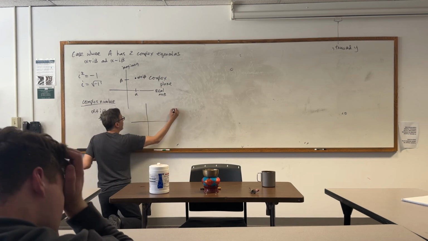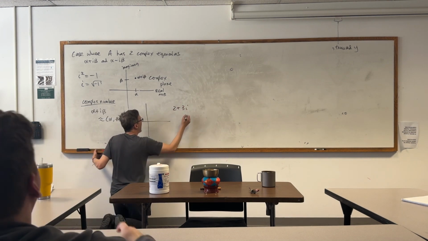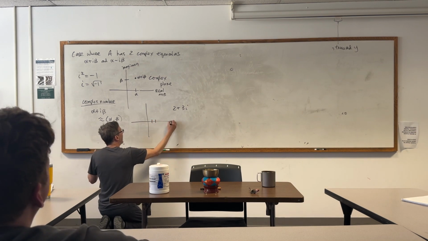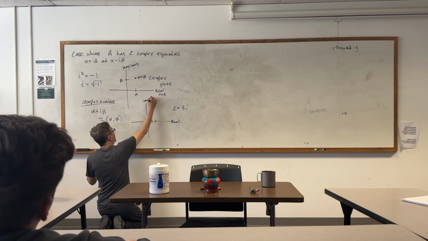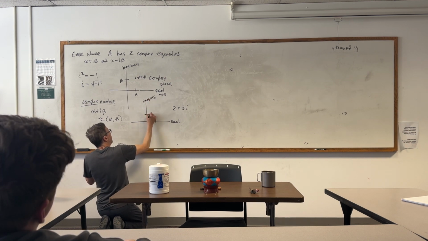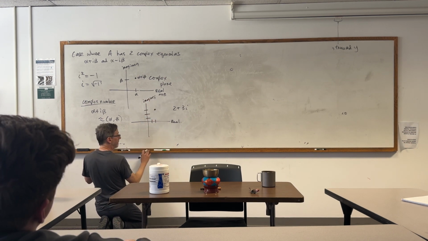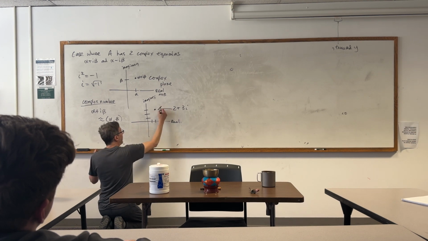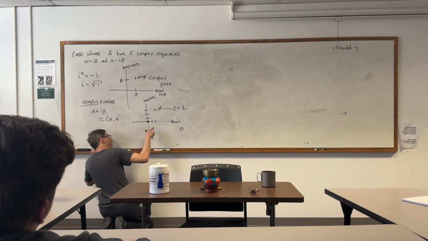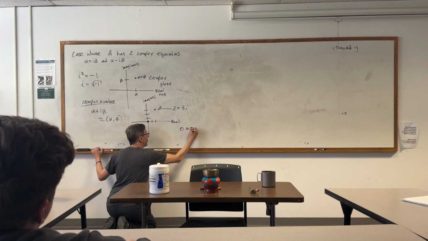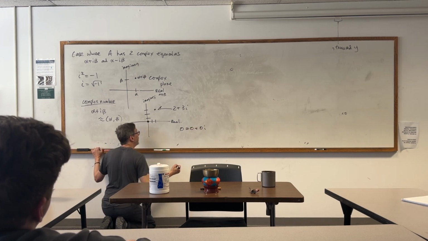That's all very general. What if I had 2 plus 3i? That's 2 on the real axis, 3 on the imaginary axis. 1, 2, 3. So there's that number. The number 0 has no real and no imaginary parts. It's just 0 of those and 0 of those.